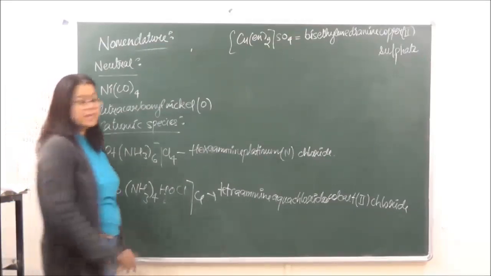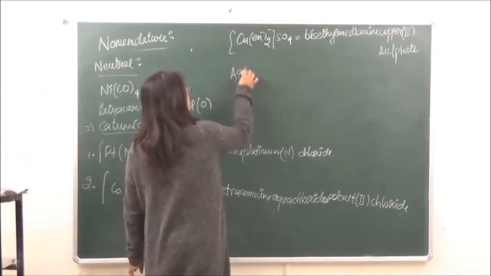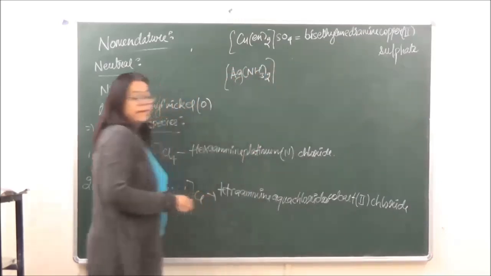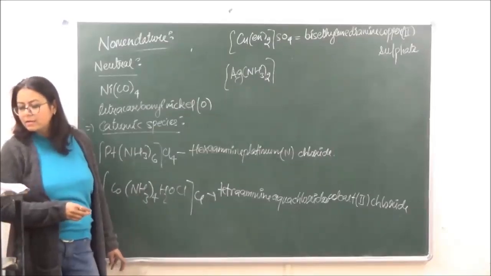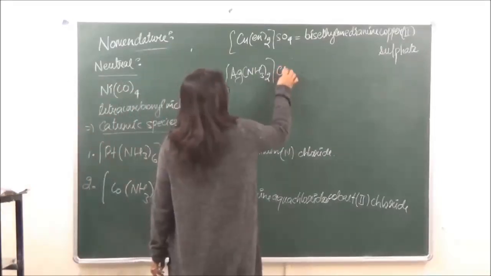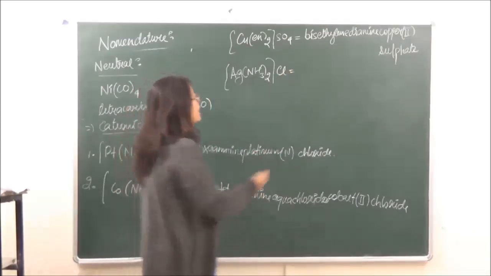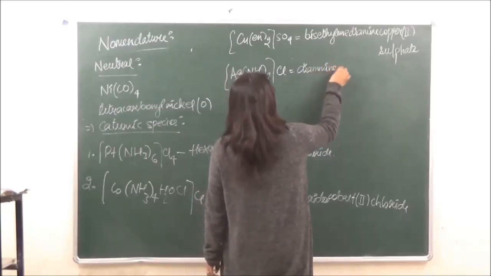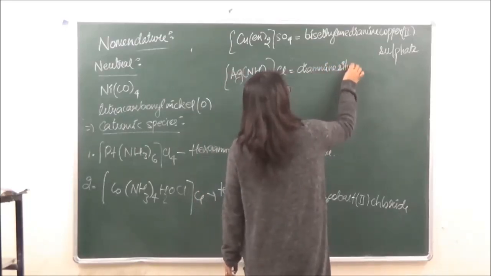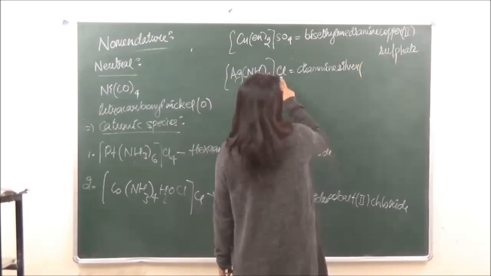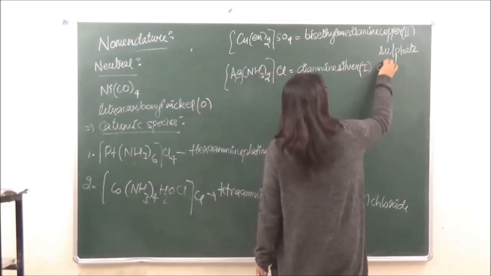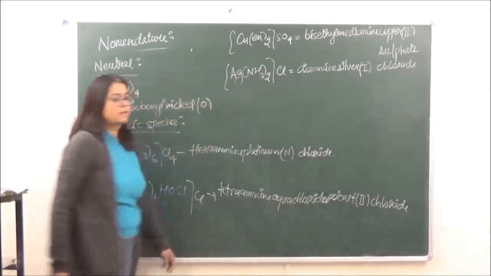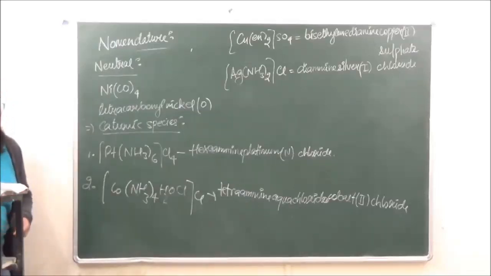Then we're taking another example over here. Okay, we have Ag NH3 whole twice Cl. What is going to be the name? Diamine silver, and the oxidation number of silver over here is 1, and then the counter ion, which is chloride. Okay? So these are certain examples of cationic species.